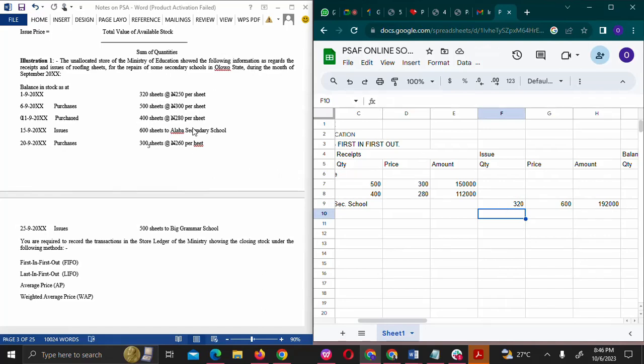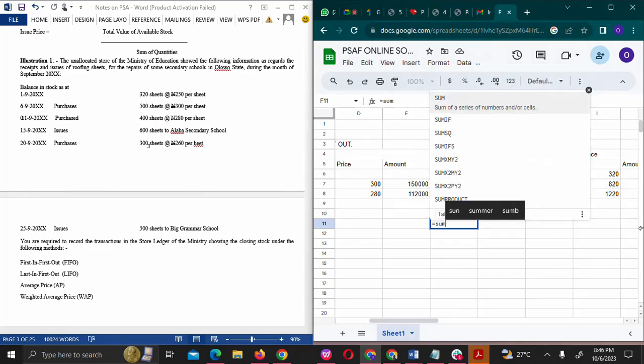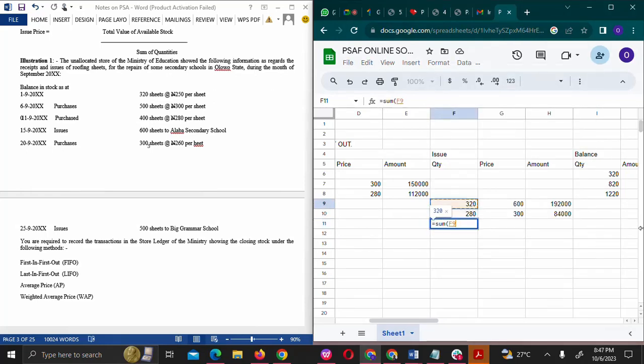The balance to make up 600 is 600 minus 320, and that should give you something that looks like 280. So the 280 will now be issued at 300 naira. So I have 300 times 280. And if you have that, it means your balance here, you have a total of this, right?